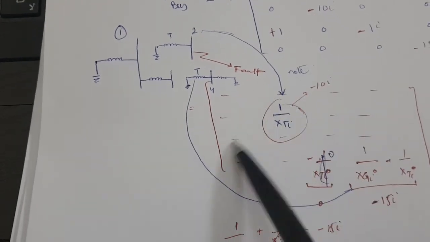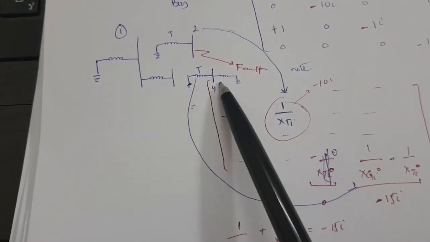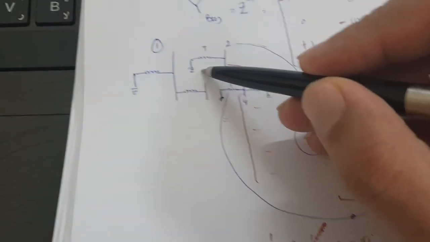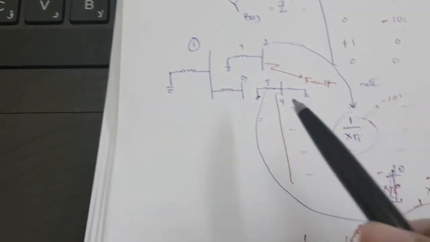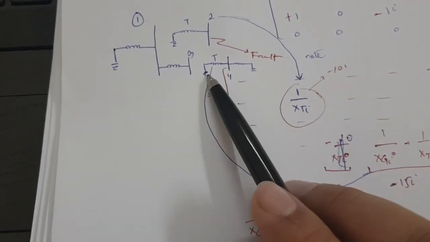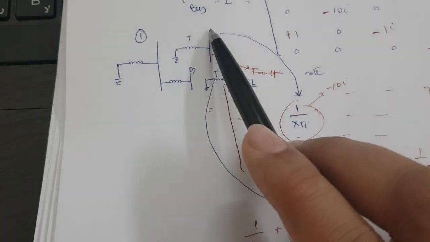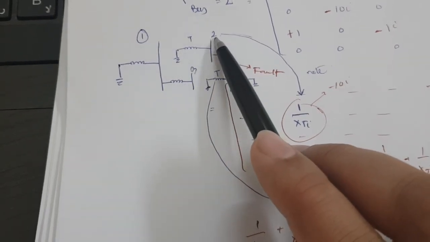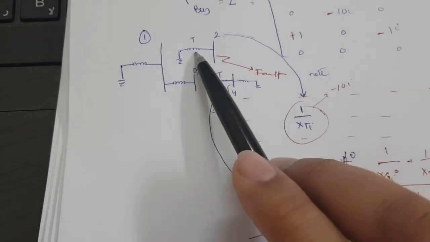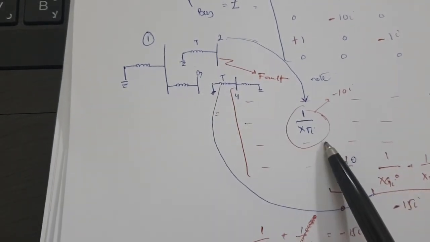Here I cannot take 4 to 3 because here it's grounded. This is 3. I cannot take 4 to 3, 1 over Xt. This is 0 because here it's broken. I can only take the transformer value from 2 to 2, which is 1 over Xt.